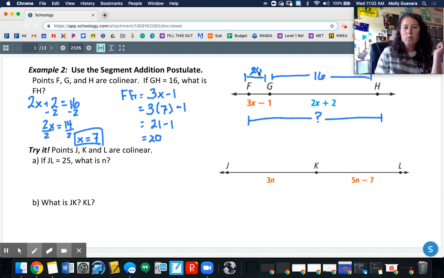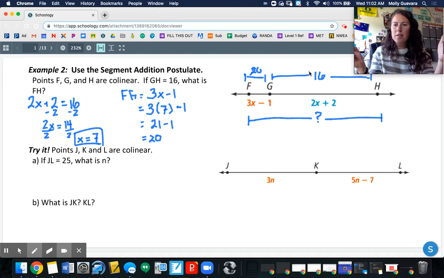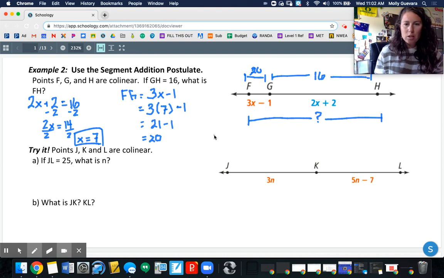So if I know that this is 20 and this is 16, can I find the whole length, right? I have one section that's 20, and then I have another section that's 16. So together, what do they equal? So the distance from F to H is equal to 16 plus 20.